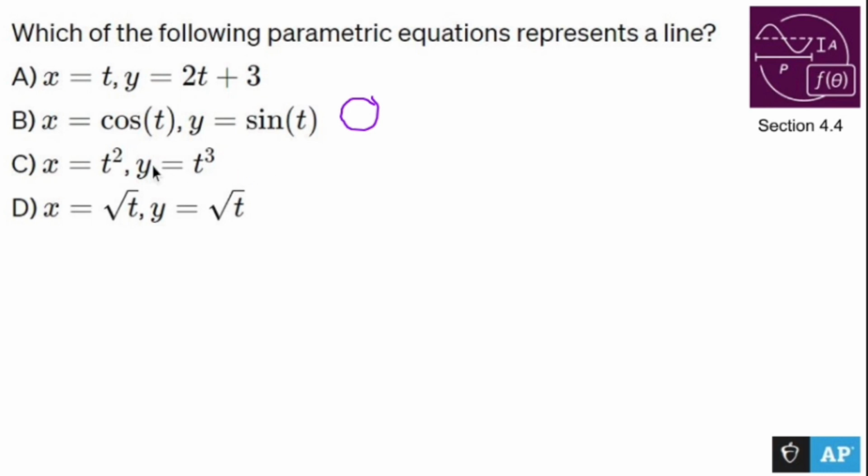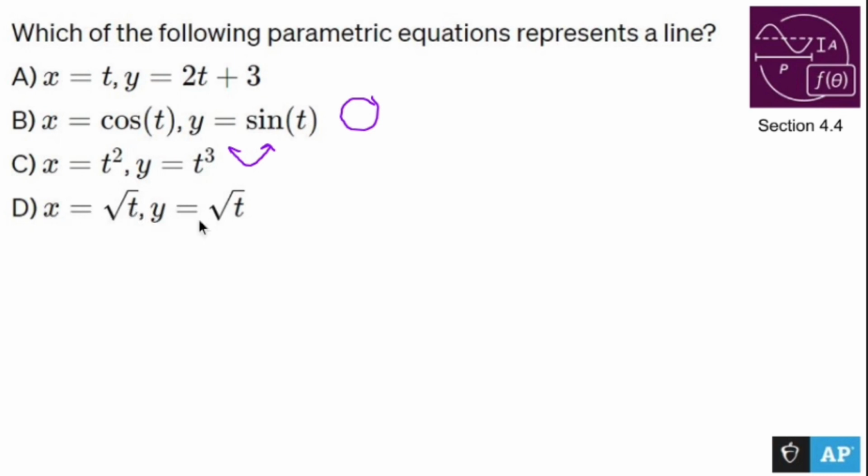By the way, if I pick negative t values, the same thing's going to happen. So you're going to end up with a parabola, where as the x values increase fast, the y values increase faster. That's what you're going to get for C.